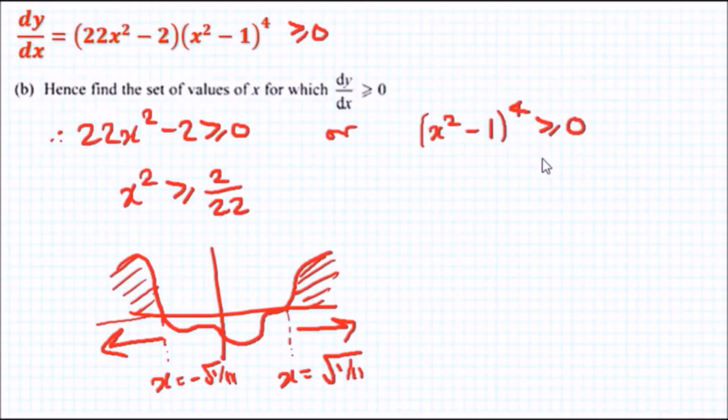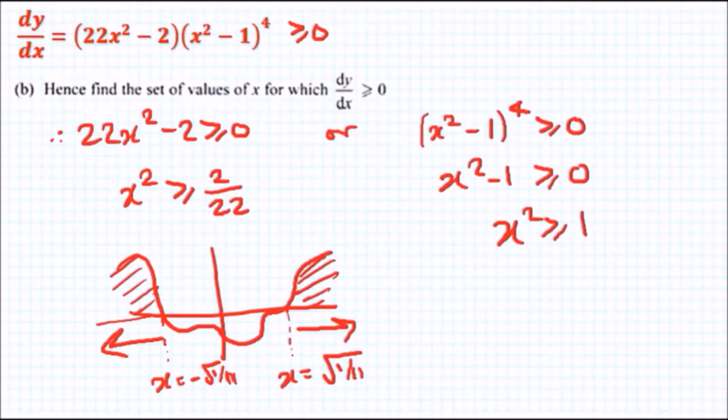Now how about the one over here? Well, first things first, because it's powered by 4, the quantities are non-negative, so we can ignore that. Then we're left with x squared minus 1 greater than or equal to 0. This is a difference of two squares, so x squared would be greater than or equal to 1.